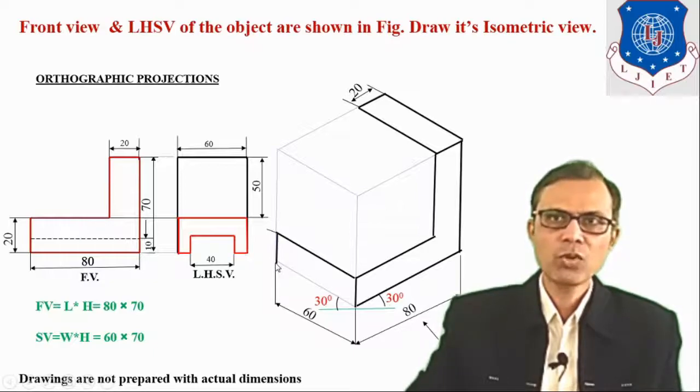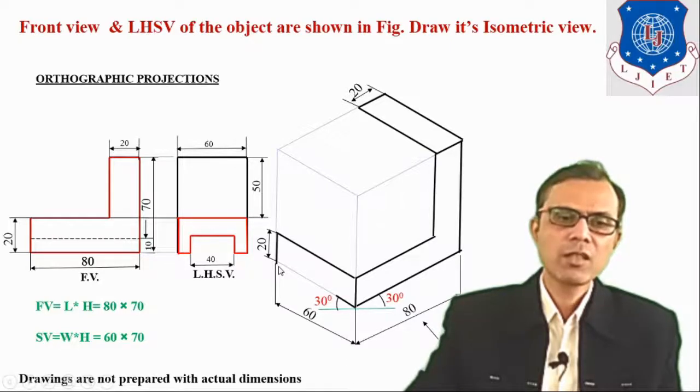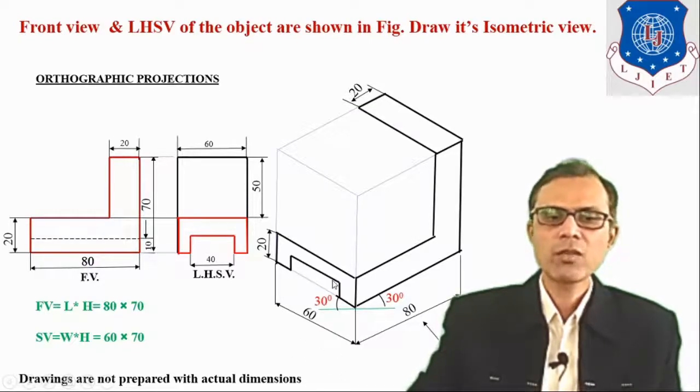So both of these step widths are 10 mm. So from both of these points, from this point and this point, you have to take the dimension 10 mm, 10 mm on both the sides. So it is height, and height is 20 mm from this point, 10 mm, 10 mm on both the sides. So here the height of the cut part is 10 mm. So from this point, draw a vertical line of 10 mm height, and from this point also draw a vertical line of 10 mm height, and then draw this horizontal line.